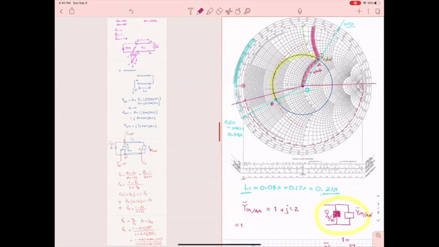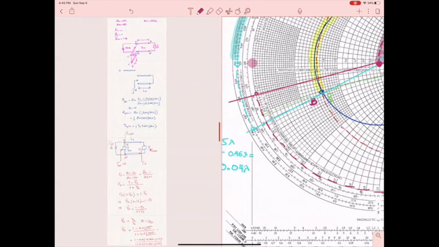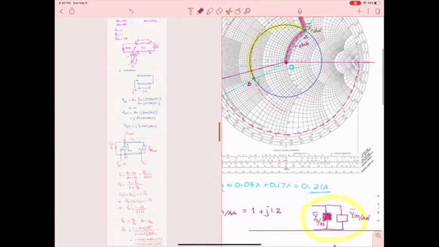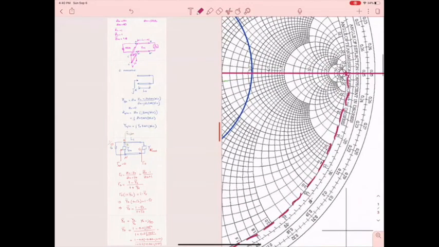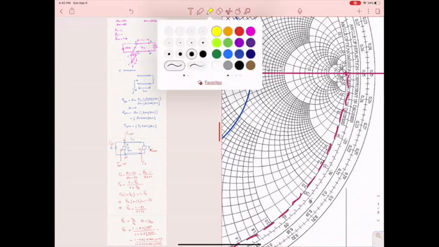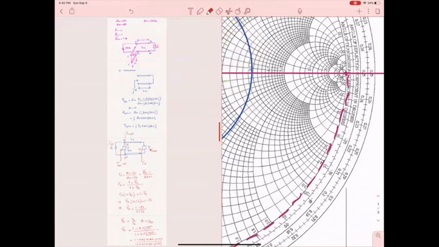All right, so it's not very accurate, this one. Approximately, here it's 1.2, but here is the value. You're looking again at the inside, because I move towards the load.